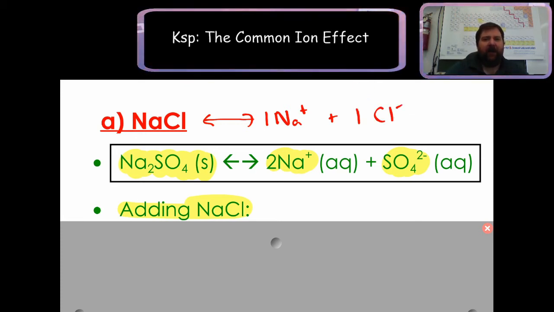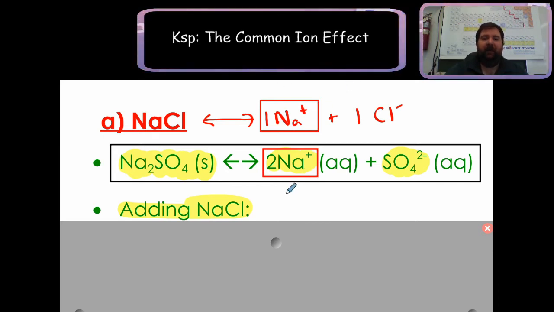Is there a common ion? There certainly is a common ion. What is the common ion? Sodium. Notice that sodium is in common between these two dissociation equations. What does this mean?